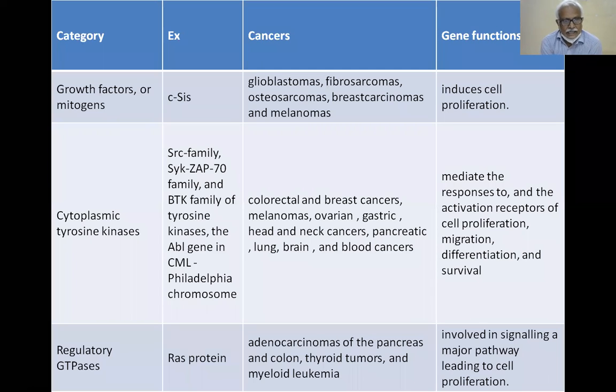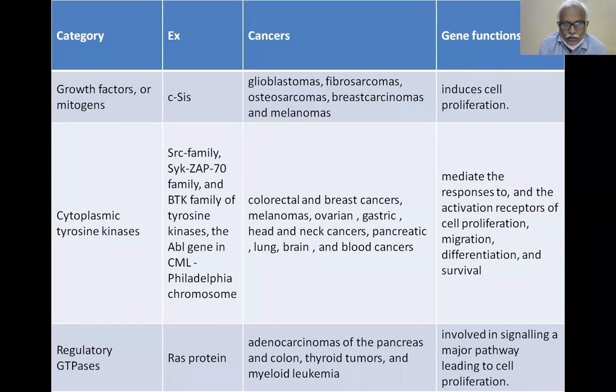And the other category is cytoplasmic tyrosine kinases. So the SRC family, SYK-ZAP70 family, and BTK family of tyrosine kinases. These are the three tyrosine kinase families. The ABL gene in CML, that is the Philadelphia chromosome.